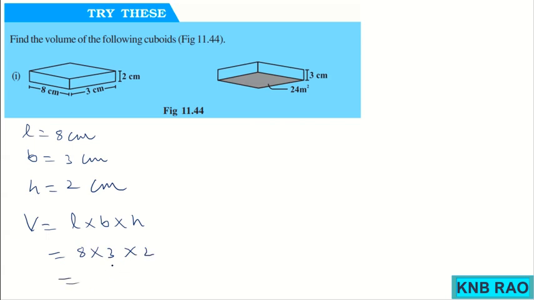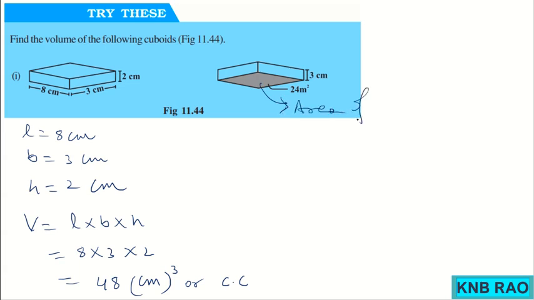So 8 3s are 24, 24 2s are 48 centimeter cube, or we write it as cc, cubic centimeter.